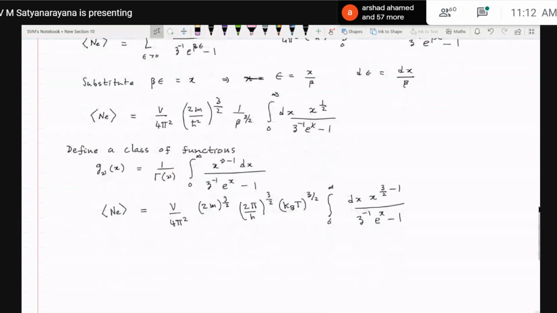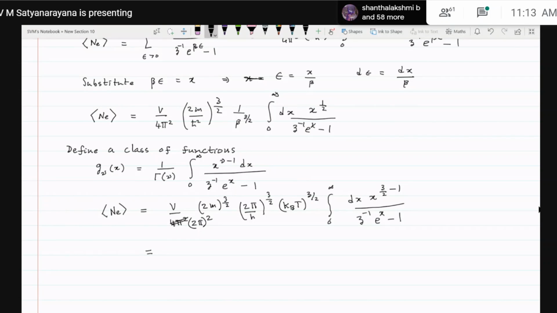Now my idea is that this is 2 pi to the power 3 by 2, and I have a 2 pi here, so this is like 2 pi the whole square. Let me keep this.